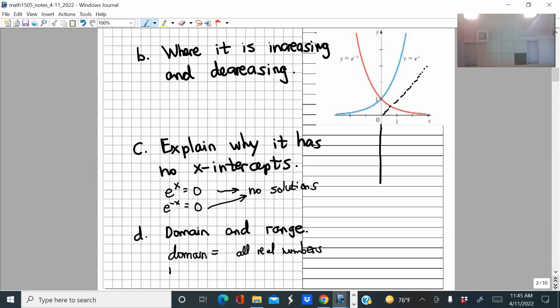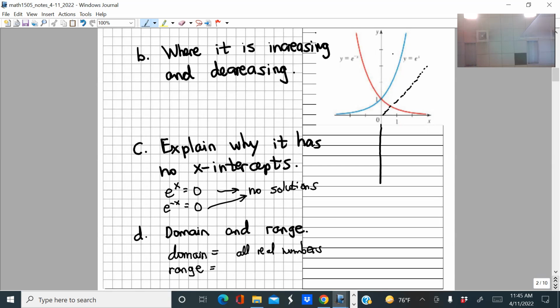What about the range? So what y values do you get here on the graph? On the y-axis there, what portion of the y-axis do these curves cover? So what y-coordinates are you going to get?